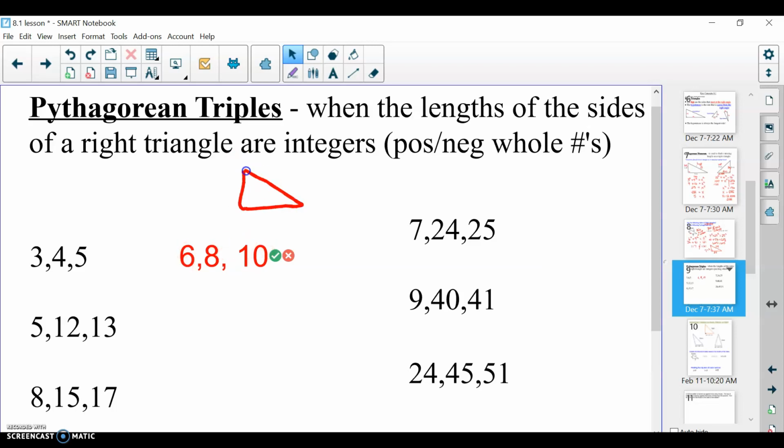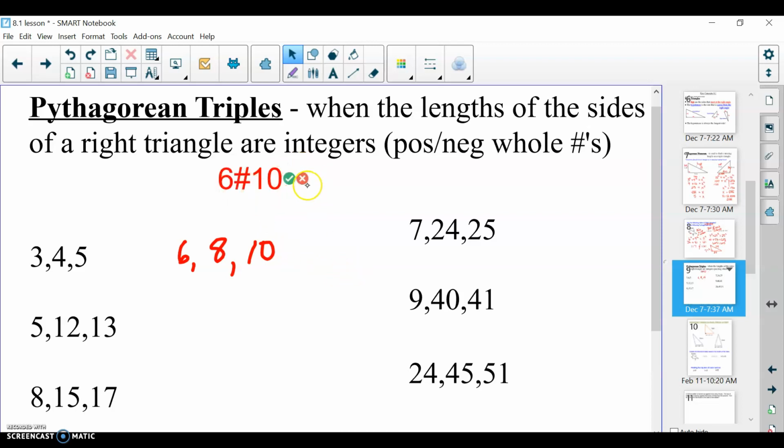So if I had a triangle, and I knew that this side was 6, this side was 8, and I was looking for that side, I would look at my list here and I'd say, oh, I know the answer is 10. So this can make your homework go really fast if you have these out and you are looking at these. Okay, so please write these down in your notes.